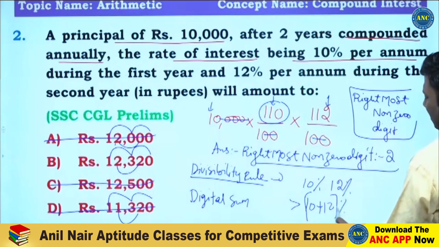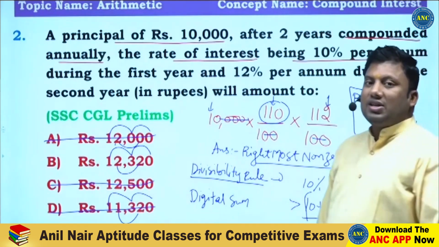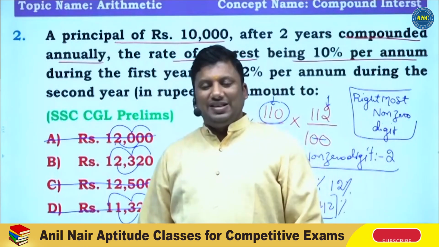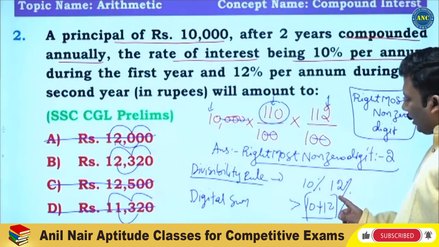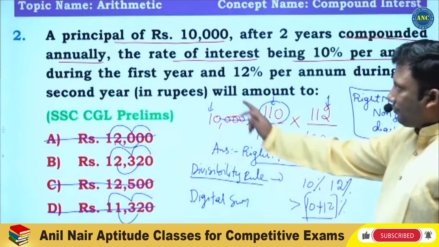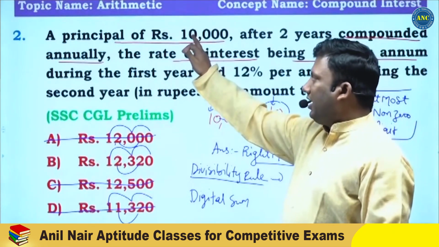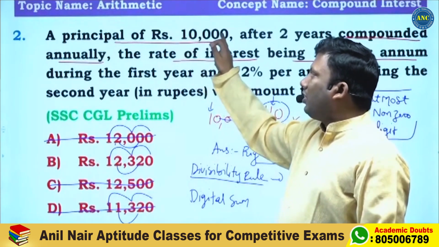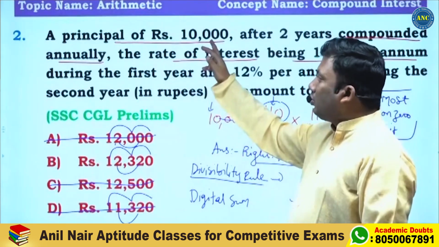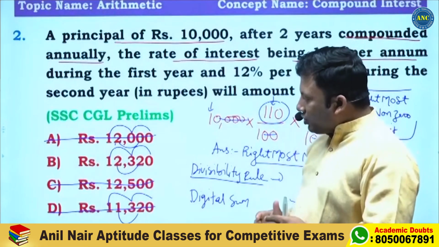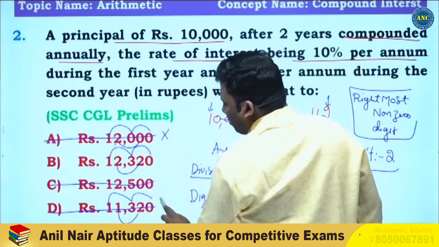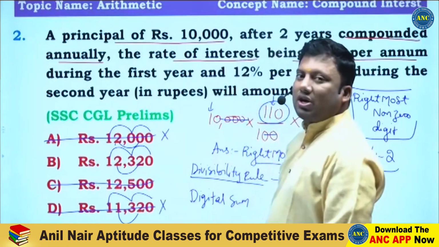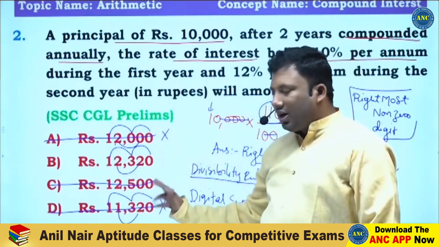Because if it were SI, the answer would have been 22 percent. CI is always greater than SI. 22 percent of 10,000 is 2,200, so the answer should be greater than 12,200. The first and fourth options are both eliminated.